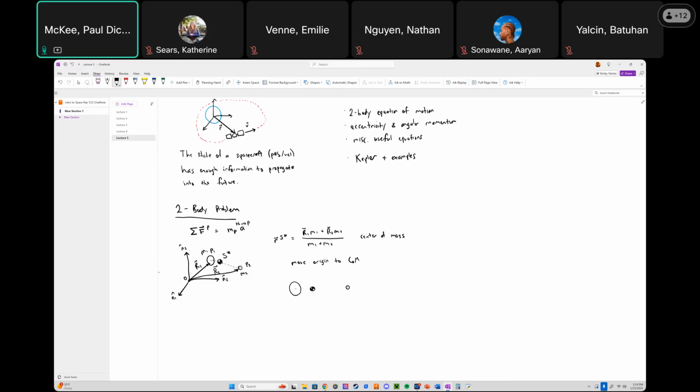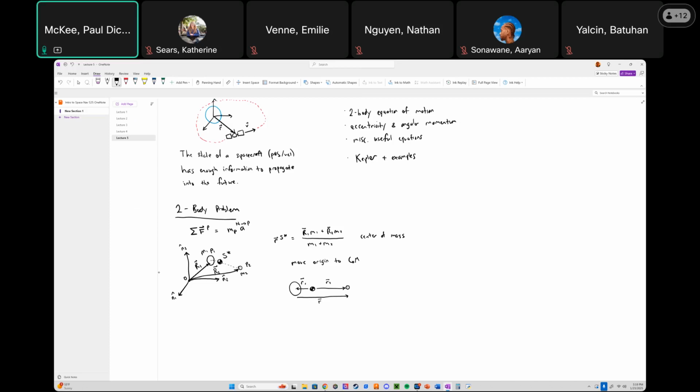And let's say that this vector here from the center of mass to point 1 is little r1. This vector here from the center of mass to point 2 is little r2. And then this vector here, and I'm going to draw this in parallel, but hopefully you get the idea, the vector from point 1 to point 2, we're just going to call r.